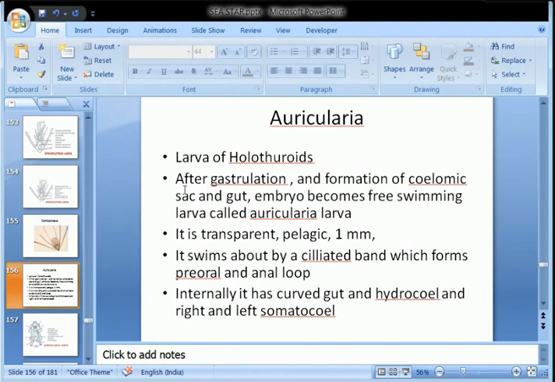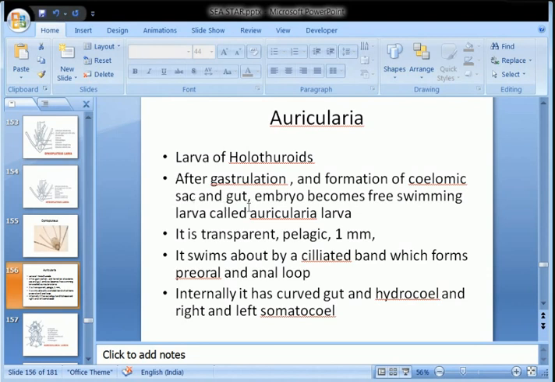After gastrulation, we know that up to gastrulation, the development proceeds in the same manner. That is cell division, morula formation, then blastula formation, then gastrula formation. And after gastrulation, the formation of coelomic sacs occurs and the gut starts differentiating.